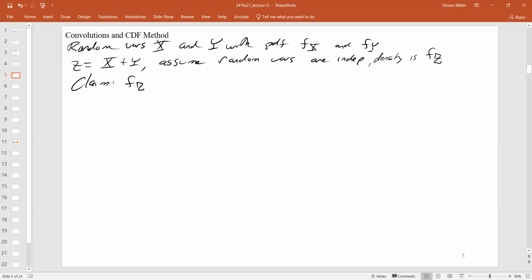So I claim that the density function of Z is the integral from -infinity to infinity of f_X(t) f_Y(z - t) dt. If you think about this, it is reasonable.